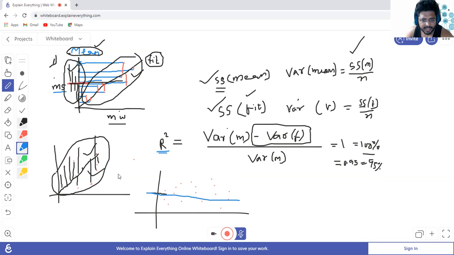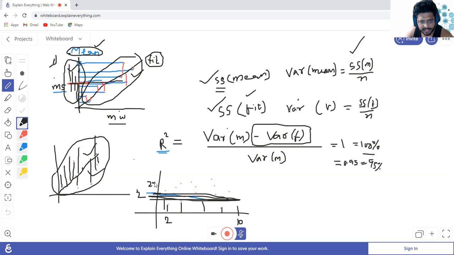That means I have no confidence on what will be my weight of the mouse depending on the size. And that is true because whatever be the size, the weight is constant here, right? It's a straight line. So if I say mouse is 2 centimeter, it is 200 grams. If a mouse is 10 centimeter also, it is 200 grams.